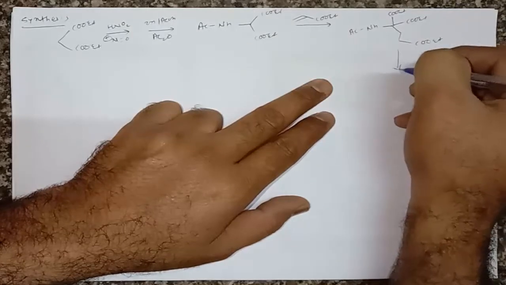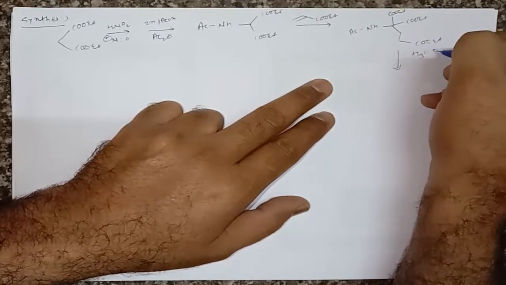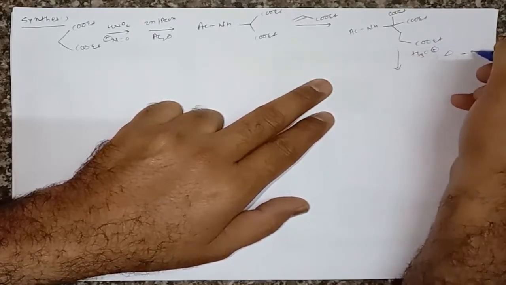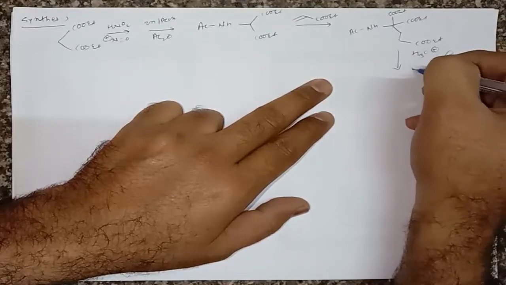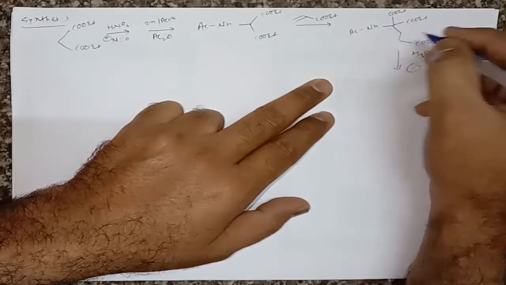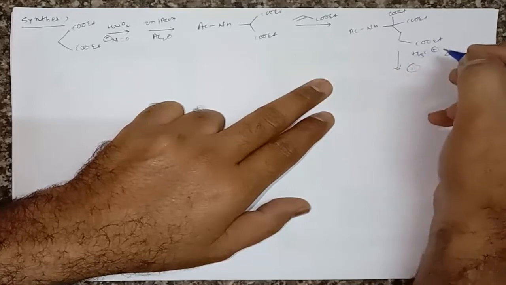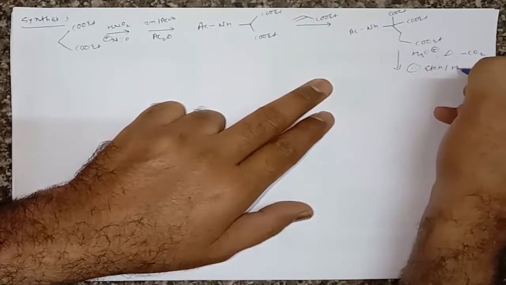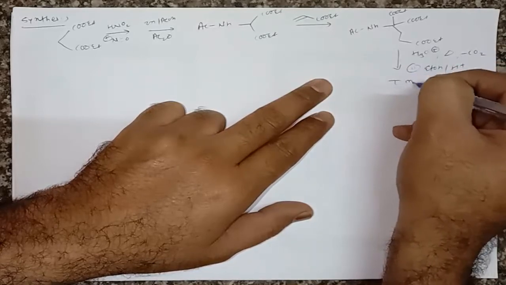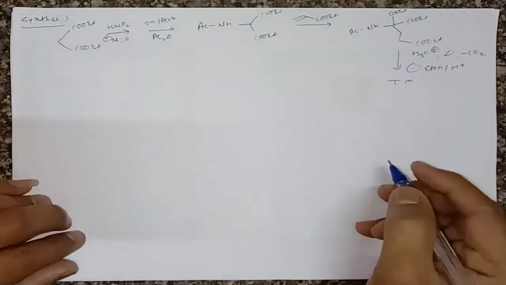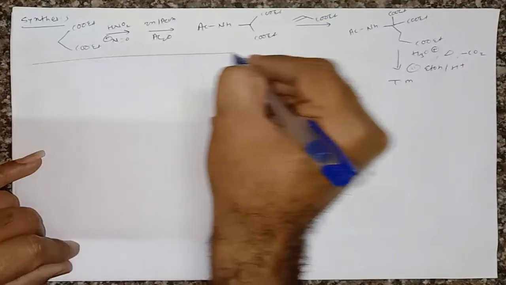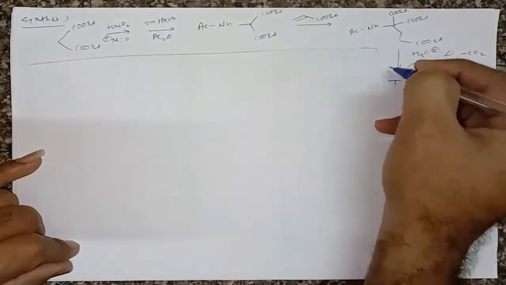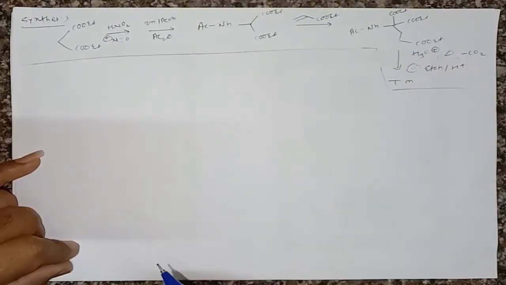And then further, if we hydrolyze this molecule with H3O plus and then heat, it gives decarboxylation, and so it gives the formation of the amino acid. But we want the ester group, so we can again treat this molecule with ethanol in the presence of H plus. It gives the formation of the target molecule, right? So this is the simple method for the synthesis of such types of amino acids.